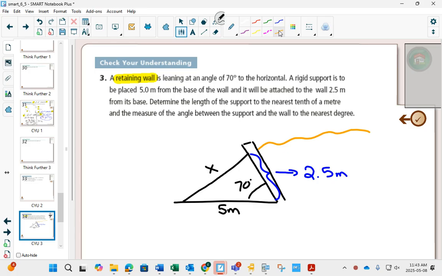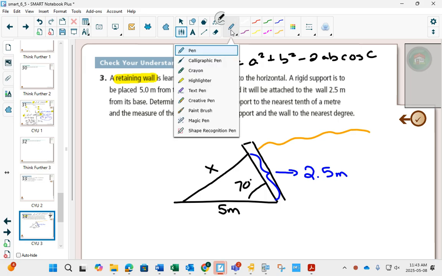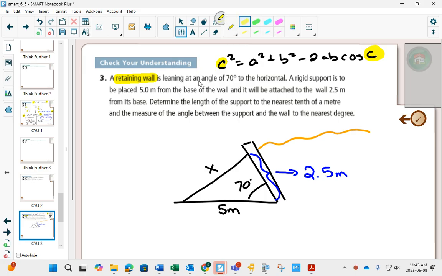So according to my cosine law, well, again, I write out the cosine law for finding a side. The only thing that really matters is not what the letters are, but the fact that this angle goes with its opposite side. So if I want to solve for x, the x would have to go here, and the 70 would have to go there.